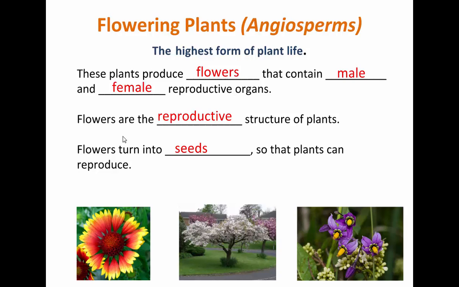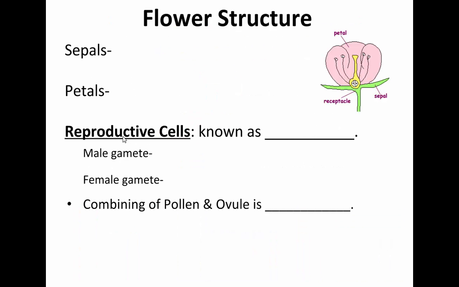Flowers come in lots of colors and sizes and varieties. We're going to talk a little bit about why that is. But for now, let's just talk about the parts. So when we look at a flower, if you imagine a rose, at the bottom of a rose flower, there are those green leaves.